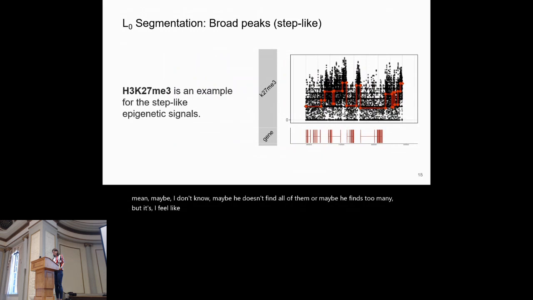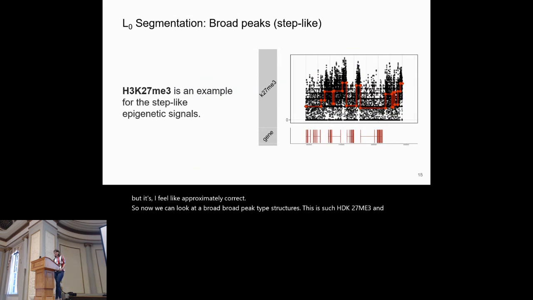Now we can look at a broad peak type structure. This is H3K27me3, and here it gives us these really nice step functions. This indicates silencing, heterochromatin. So we can say this gene is expressed, this gene is expressed, this gene is not expressed, because it has a high H3K27me3.